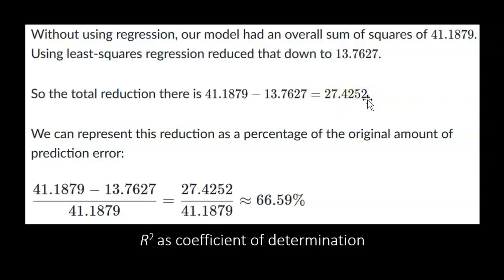So then we can calculate the reduction in prediction error. So we just figured out that in this way we can reduce the prediction error by 66.6%. So that is considered your R squared value, or the coefficient of determination.